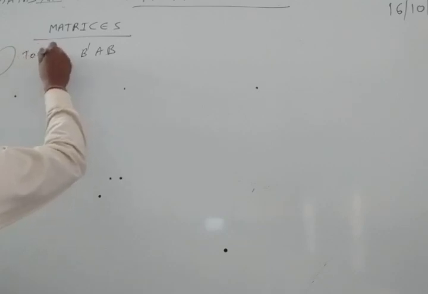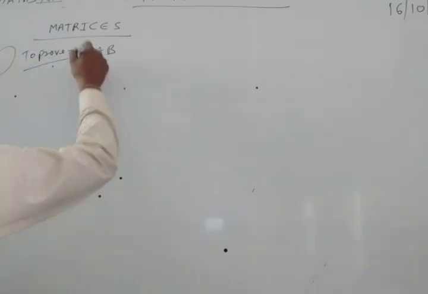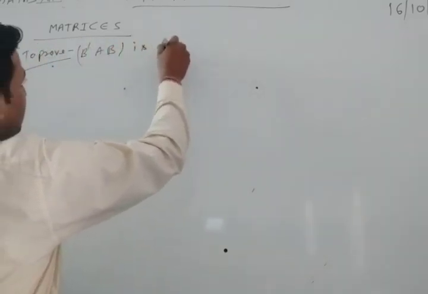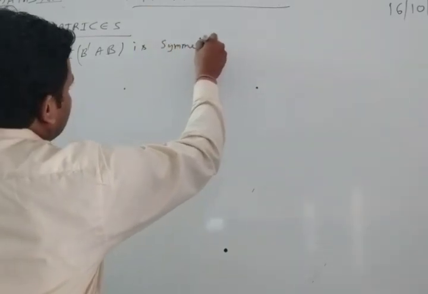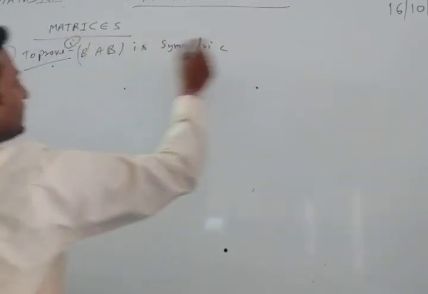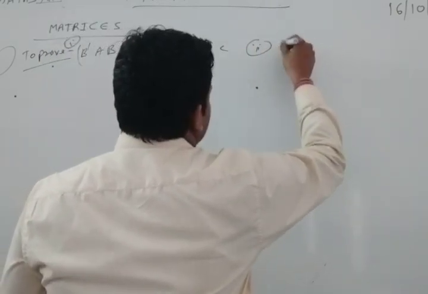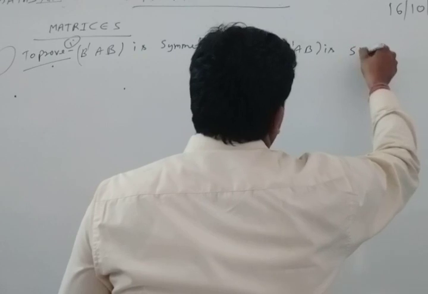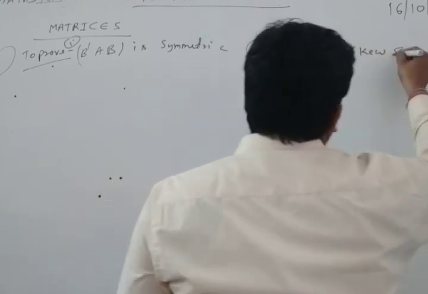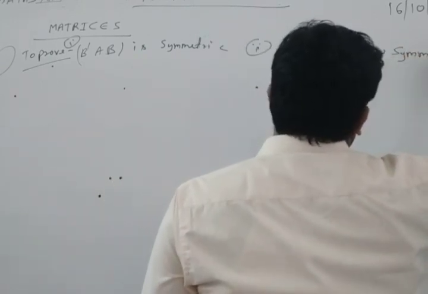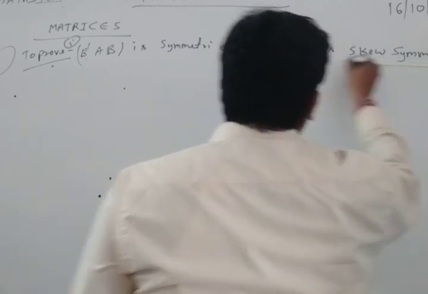To prove this, in the first part this matrix is symmetric, and in the second part this matrix is skew symmetric.